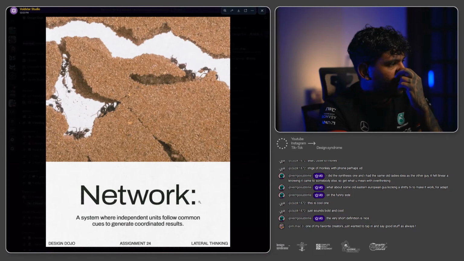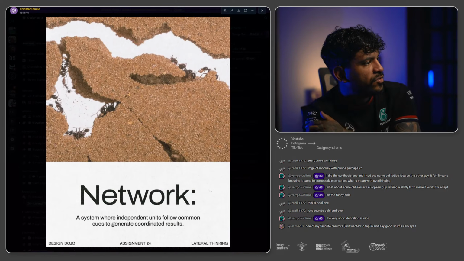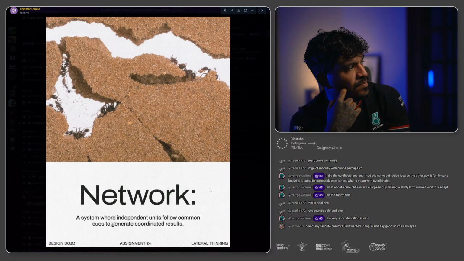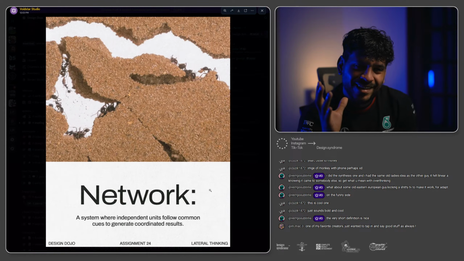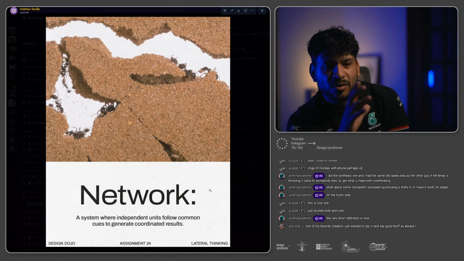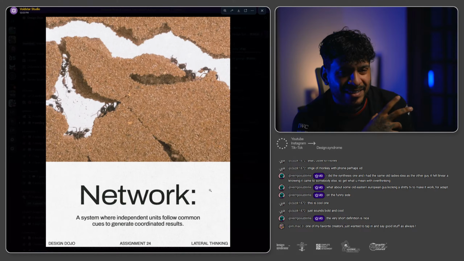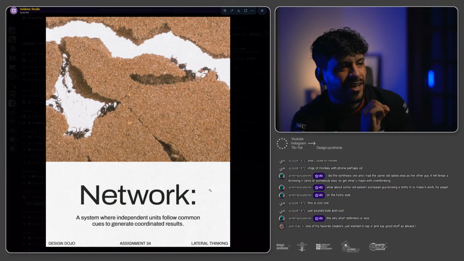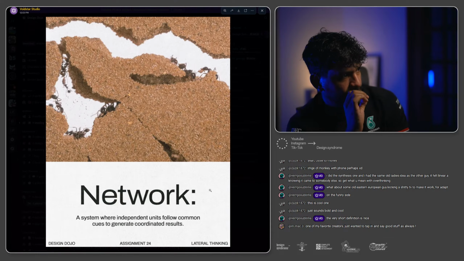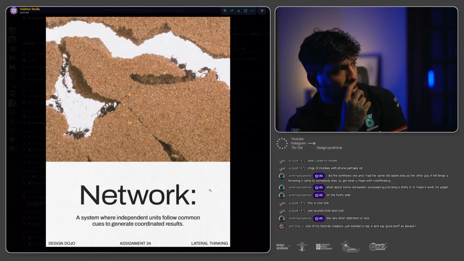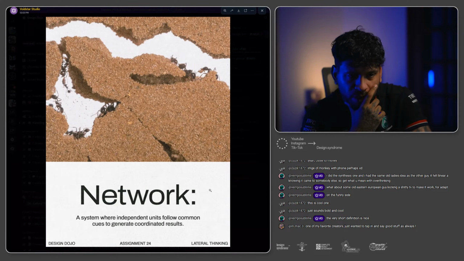"Network, a system where independent units follow common cues to generate coordinated results." Again, it's nice, but a network of tunnels that they have is not as far, right? Network. What's not a network that could be considered a network?